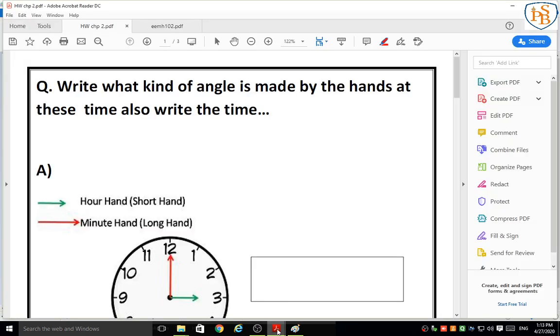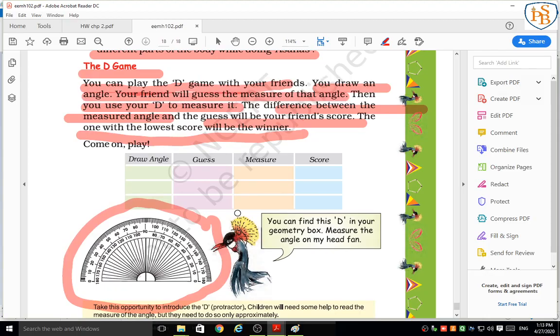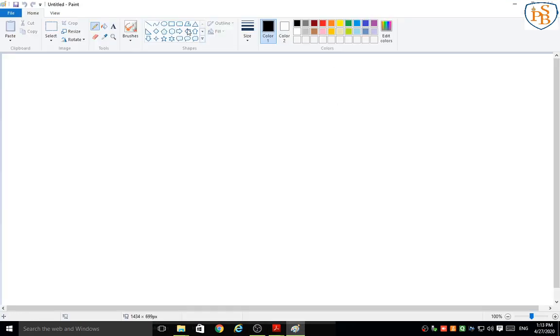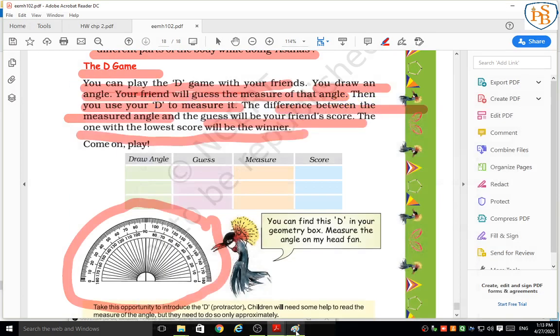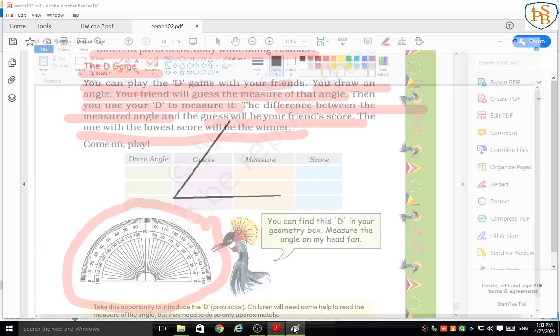You just draw an angle. You can draw any angle, supposed to be. Okay, then just guess the measure of the angle.